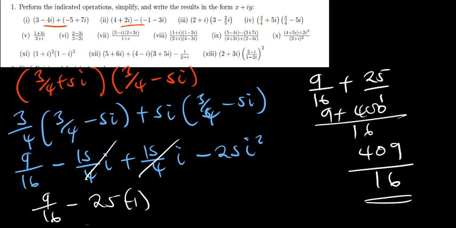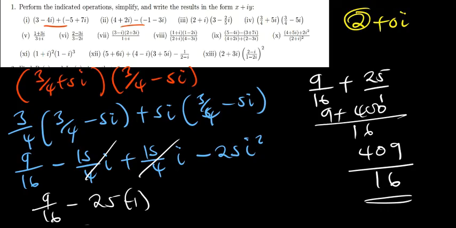Now what you should know is that if you have a number, just 2, we still have the real part and the imaginary part. In this case it's the same as 2 plus 0i. So this is the real part and this is the imaginary part. In this case they are saying we should write our answer in the form x plus iy. So what does it mean?